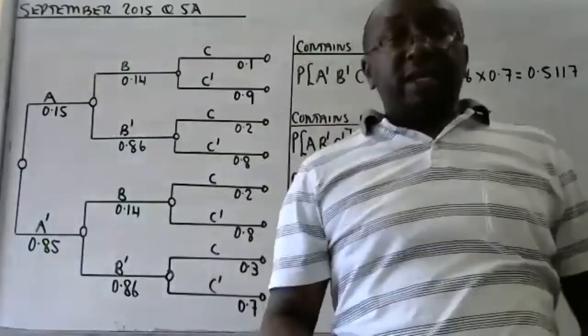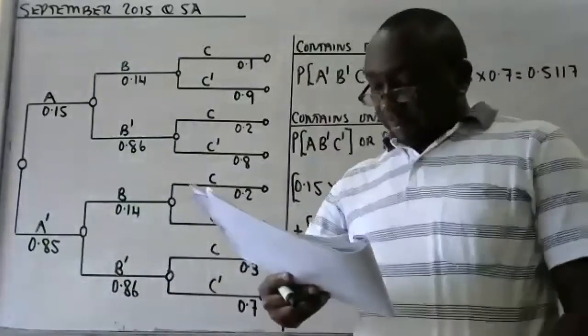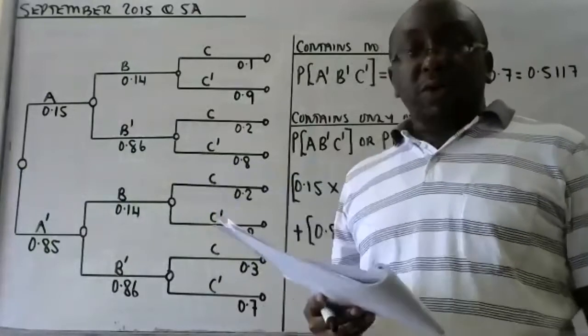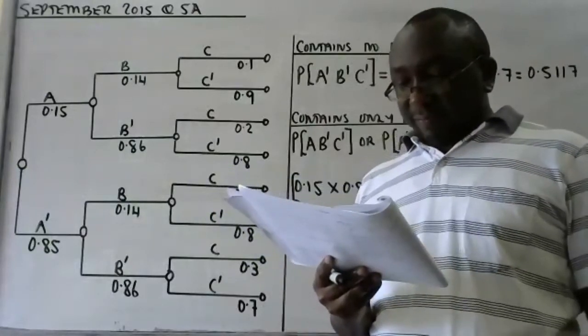So the question says that a machine is composed of 3 components, X, Y, and Z.